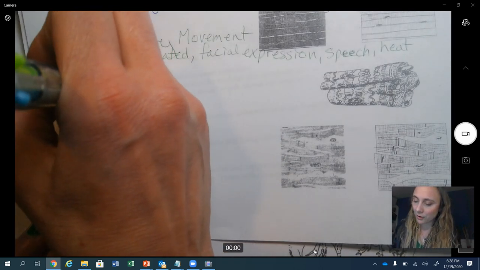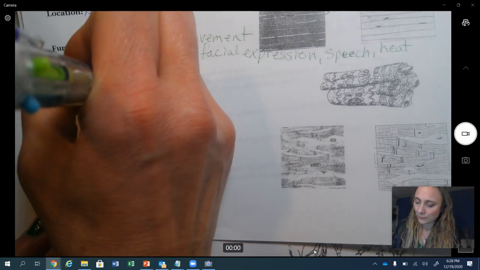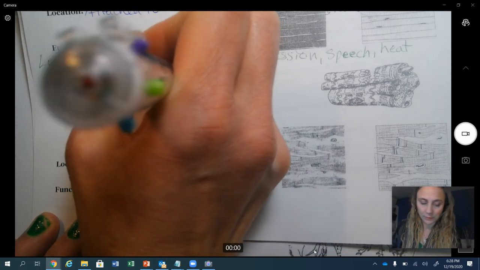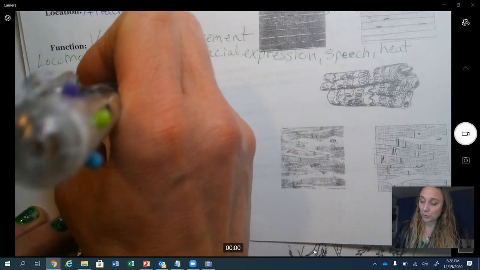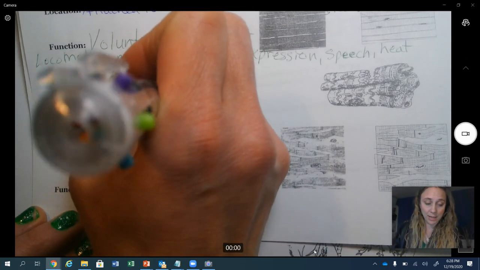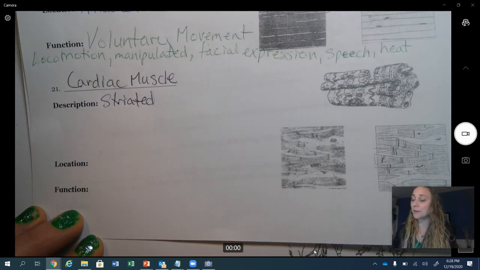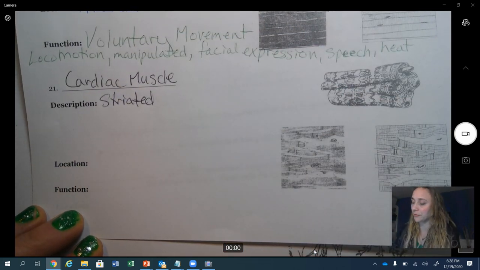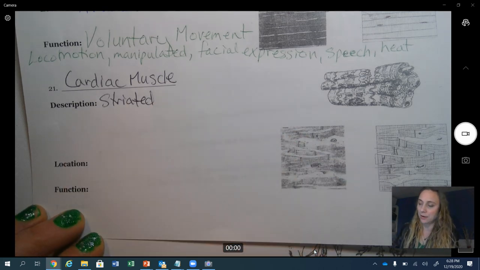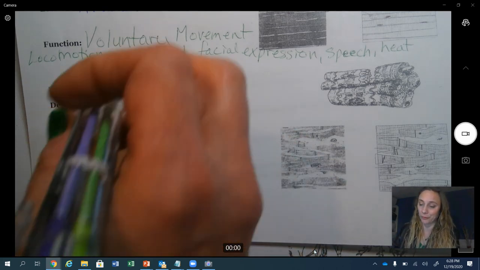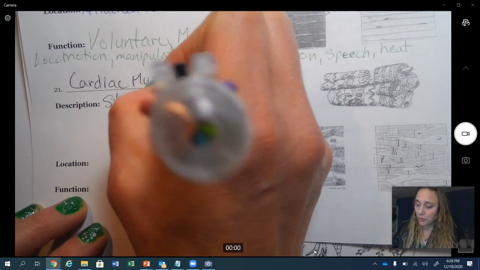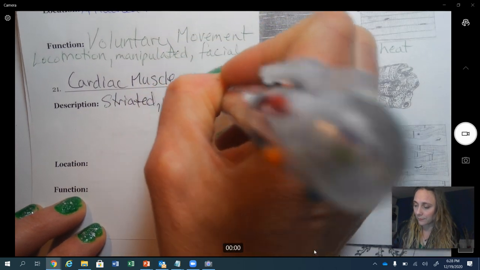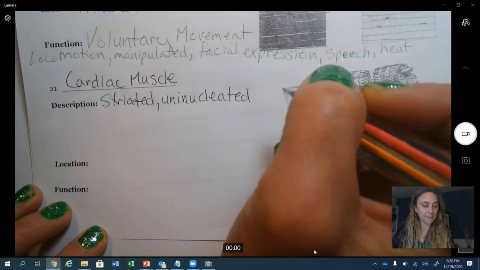Okay, so cardiac muscle. Its description is striped or striated. It is not multinucleated. Oh, that's another thing. You didn't see a lot of dots of nuclei in the same cell, or the same fiber. So it is uninucleated. They're branched.